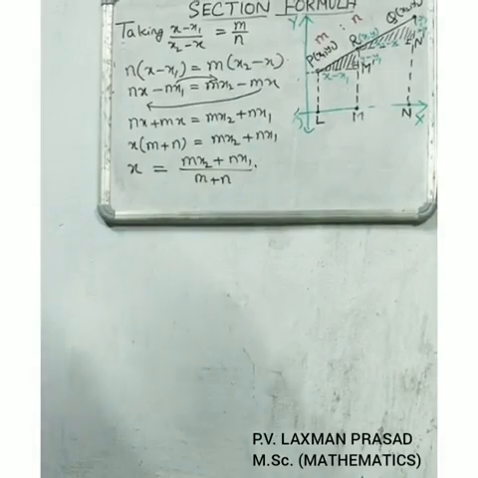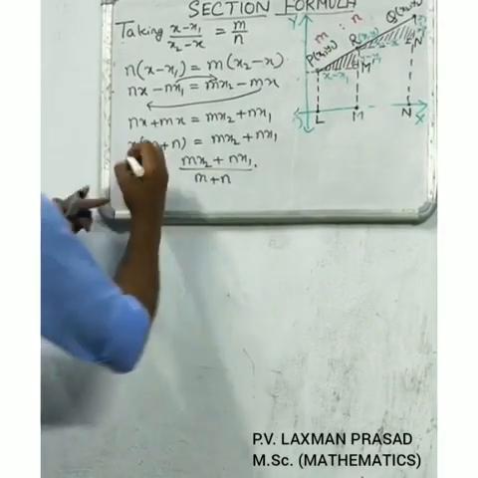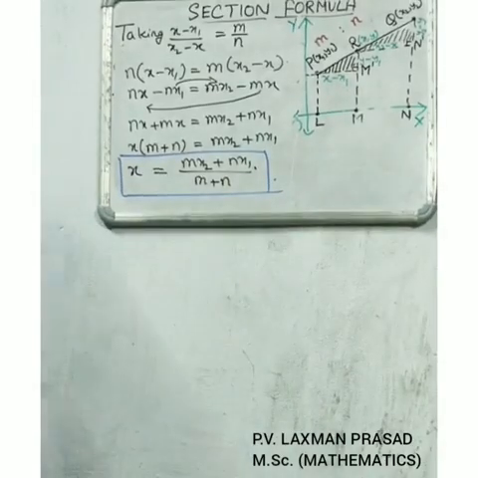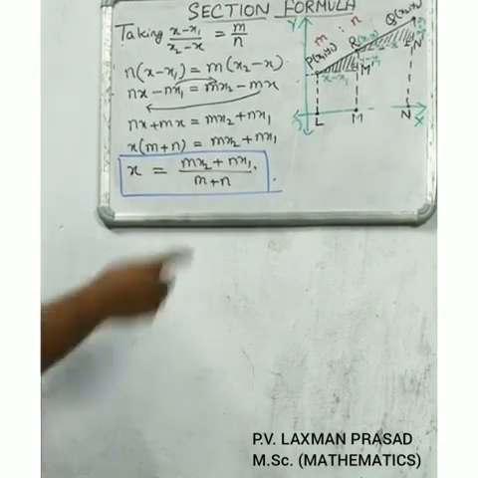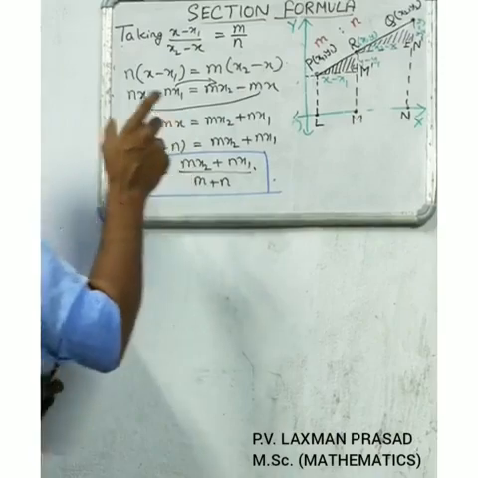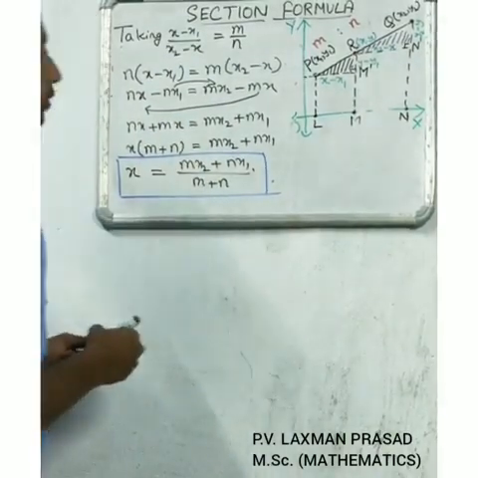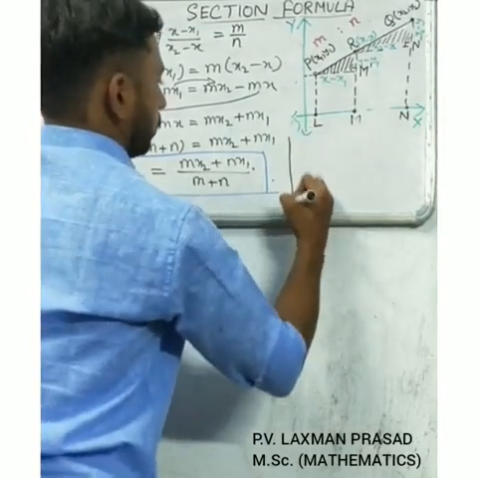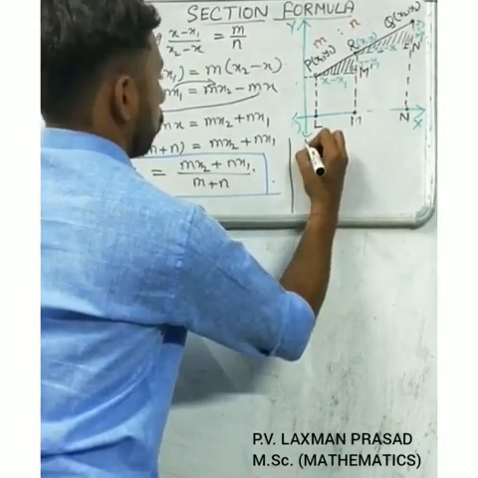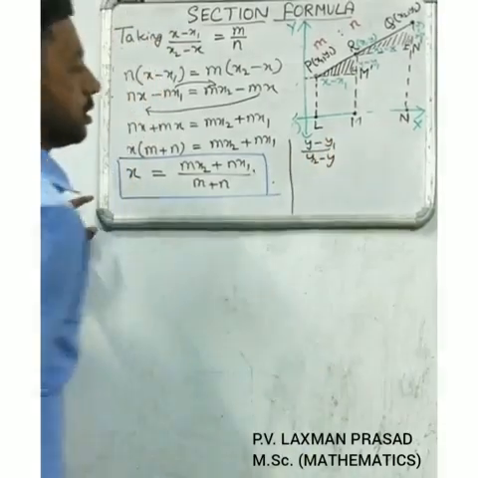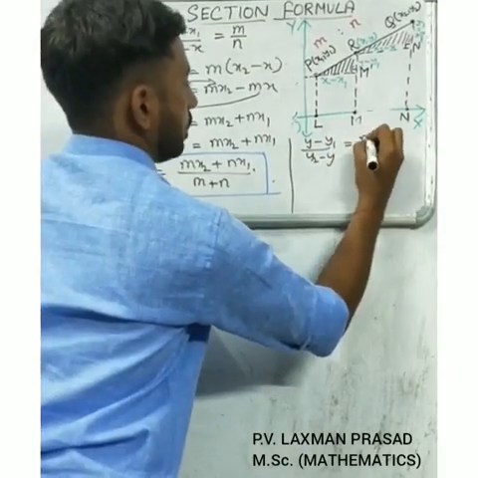So this is the required x coordinate of the point R. Similarly, by taking the second and the third part of that result, the result was (y minus y1) by (y2 minus y) is equal to m by n.